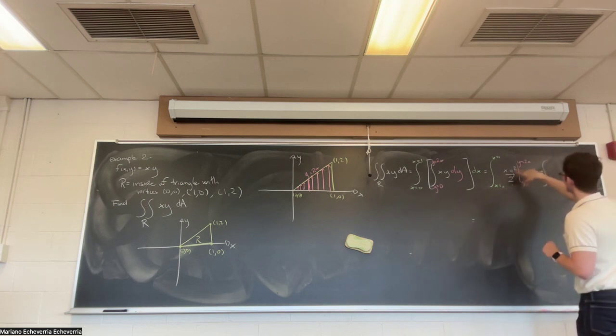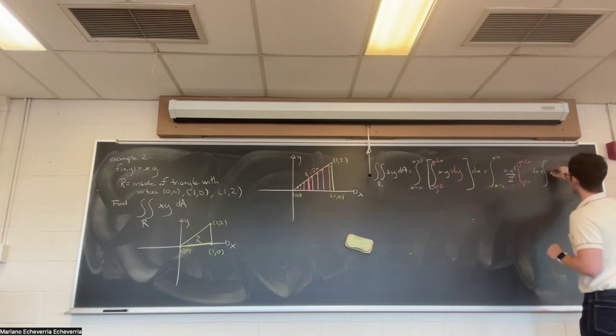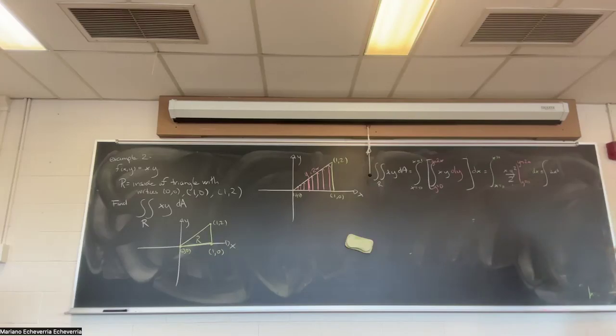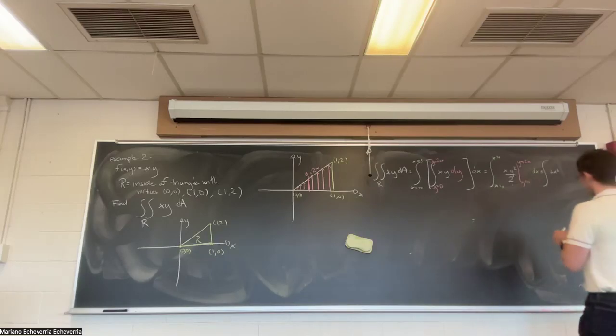So when you put y equals 2x, you get 4x squared, and x times 4x squared over 2 gives you 2x cubed here. And then for y equals 0, there's nothing to put, right? So that's what you end up integrating.